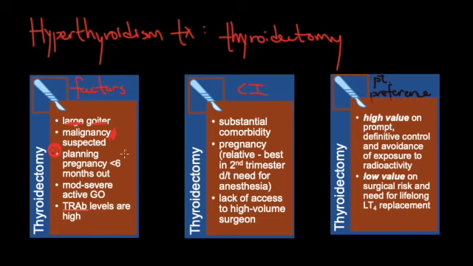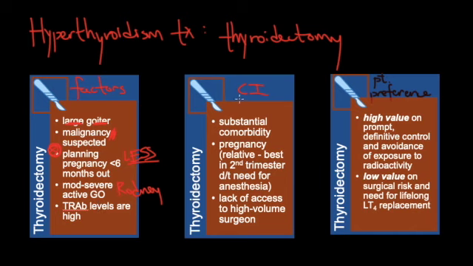This one we can use if they're planning pregnancy less than 6 months out, so we can use it a little bit closer to pregnancy. We can also use it for patients like Rodney Dangerfield with moderate to severe active Graves' ophthalmopathy. And then this would be another factor as well.